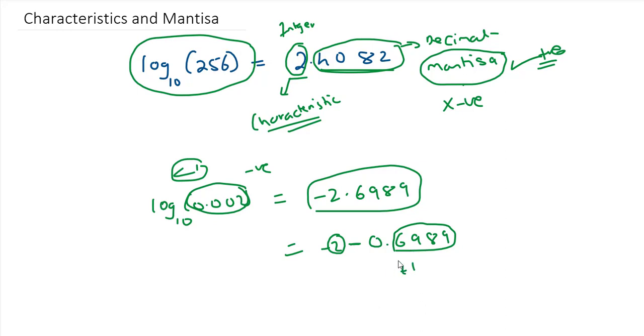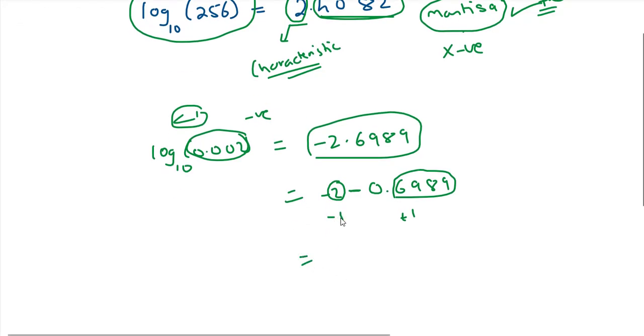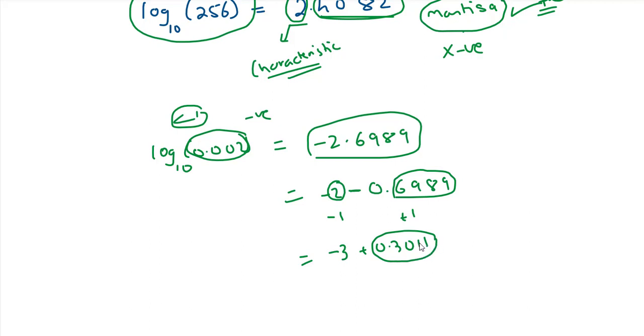Since we have added 1, we'll have to subtract 1 to balance the equation, so we'll subtract 1 from the characteristic part. Now minus 2 minus 1 will become minus 3, and minus 0.6989 plus 1 will become plus 0.3011. So now your mantissa has become positive.